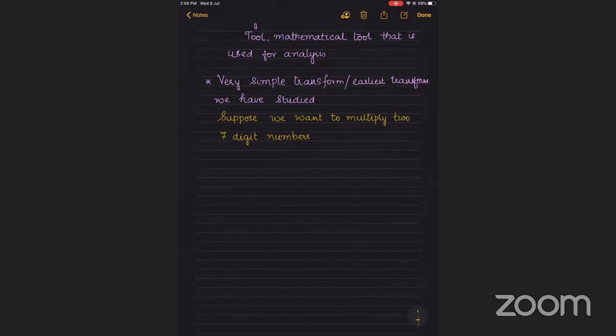So what is it that we are going to do here? Let x and y be two 7-digit numbers. I call the product P. Let P be equal to x into y.